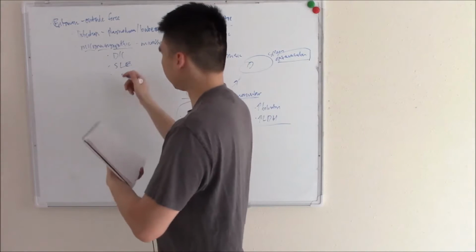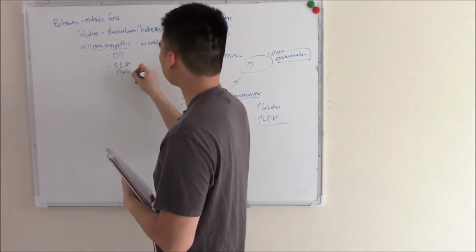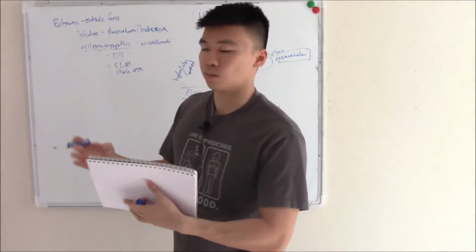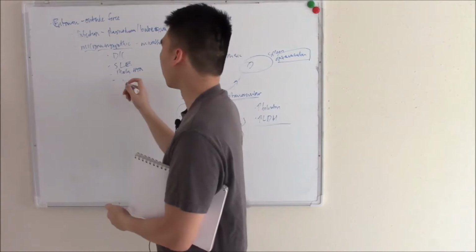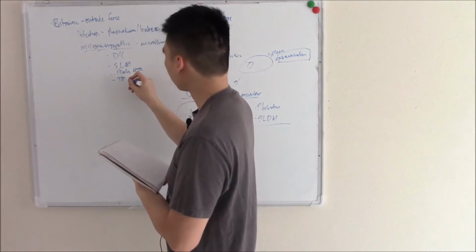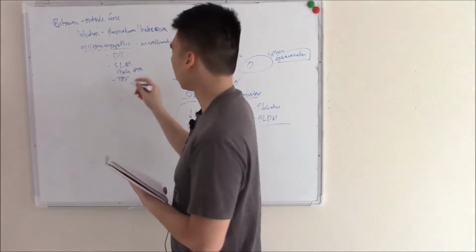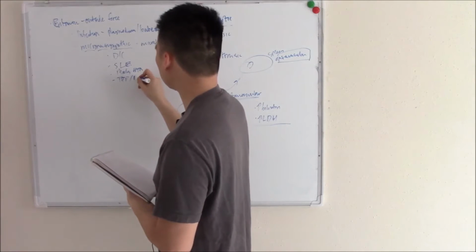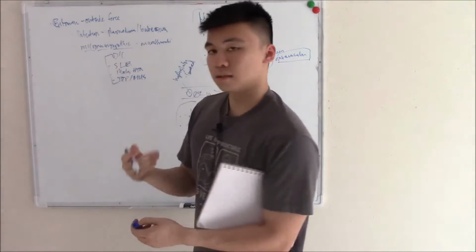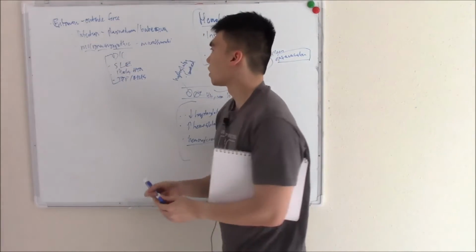How about things like malignant hypertension? That's just by sheer force breaking your blood vessels, causing those microthrombi. Thrombotic thrombocytopenic purpura, which we're going to talk about in subsequent videos. Or how about hemolytic uremic syndrome? Now these are all associated and cause microangiopathic anemia.